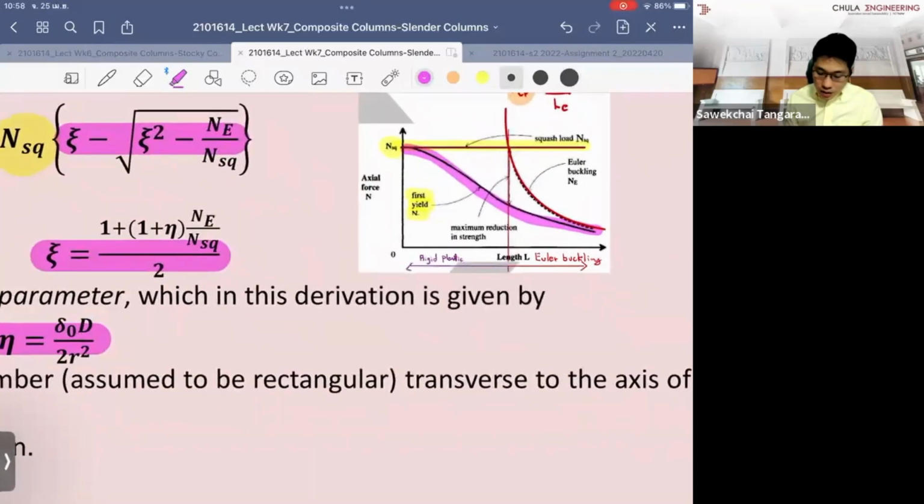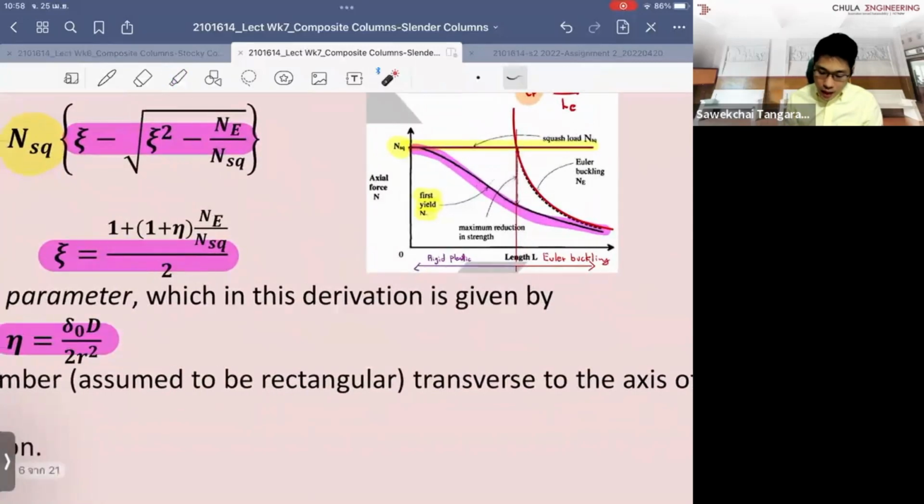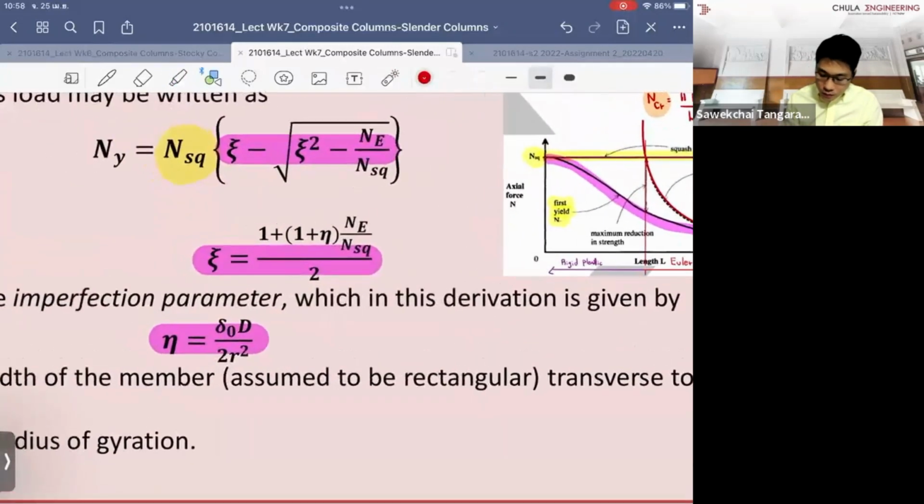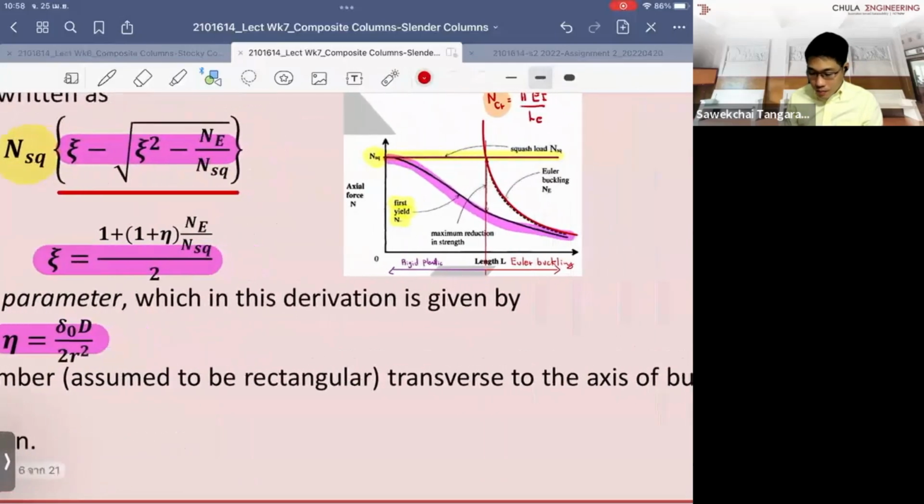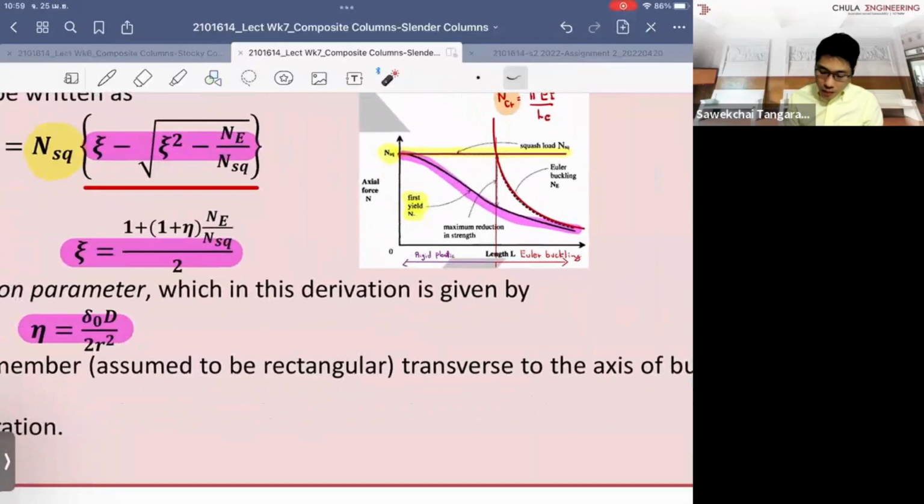The reduction from the squash load capacity is given by the term in the bracket. The more slender the member, that is, the larger the length over r, the radius of gyration, the lower the capacity.